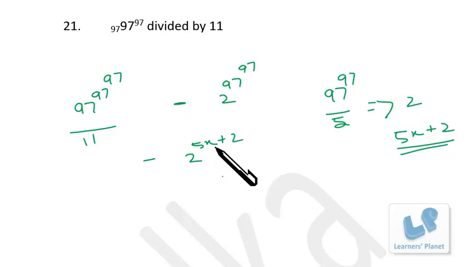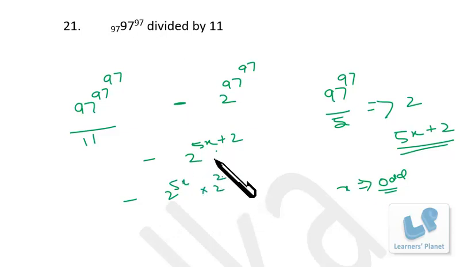Now if x is odd, this calculation will be odd, for odd into odd will give you odd. Odd plus even, we will be getting odd, right? So x has to be an odd number, right?